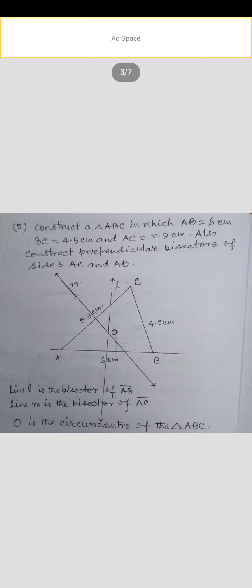You have learned in the next exercise circumcenter, incenter, orthocenter, centroid. So here O is the circumcenter of triangle ABC, that is, OA equal to OC equal to OB.